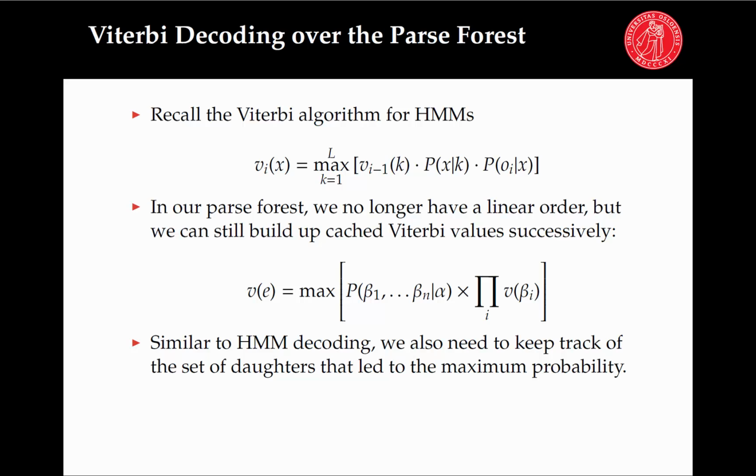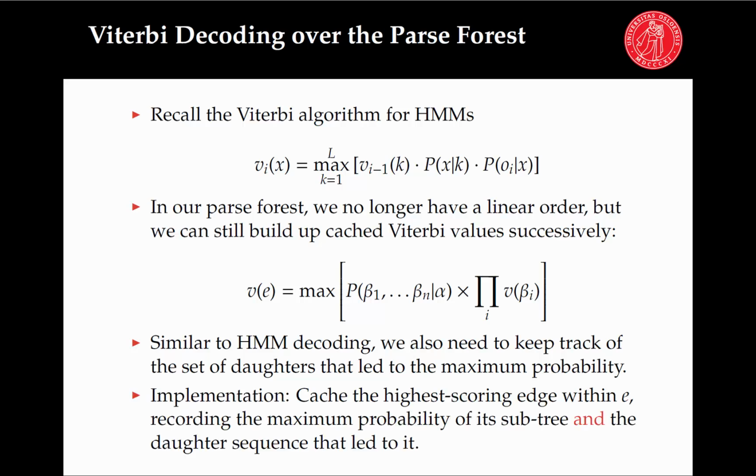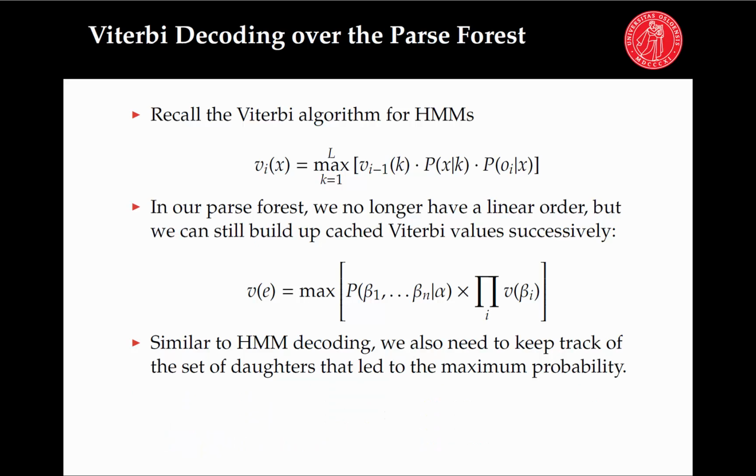And we also need to keep track of the set of daughters that led to the maximum probability. So again, we don't want to know that this is a sentence with probability 0.7. We want to know that here is a tree that has probability 0.7 and that is rooted in S. So we want to extract at each local point of optimization the subtree that maximized this term.